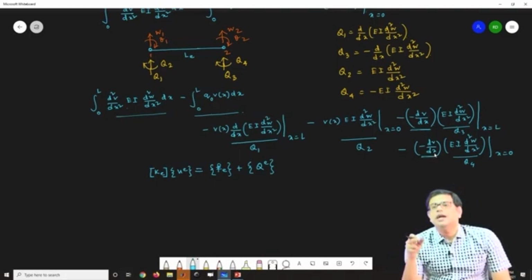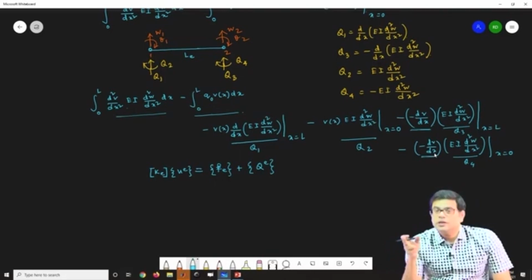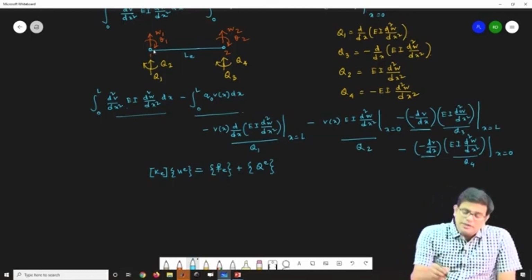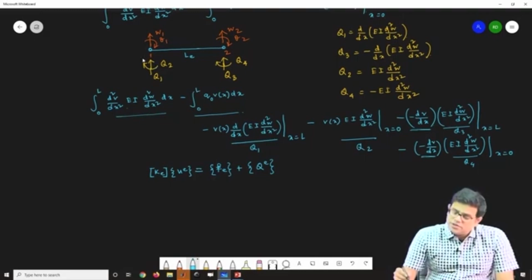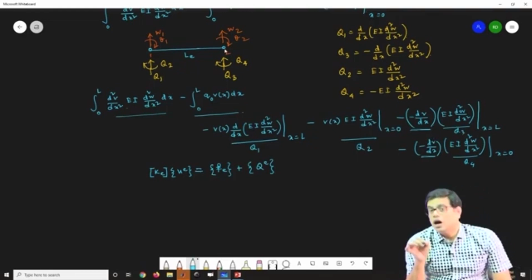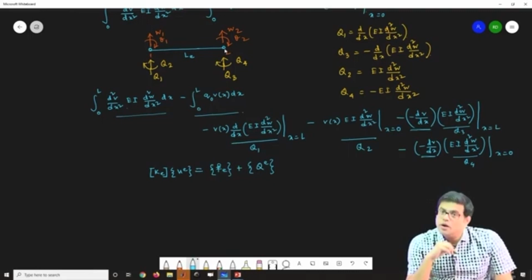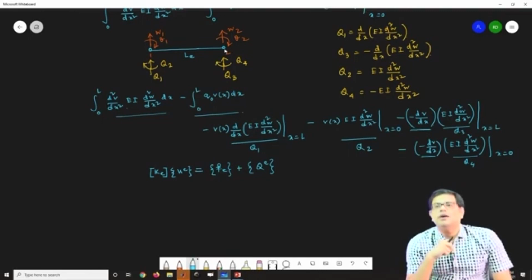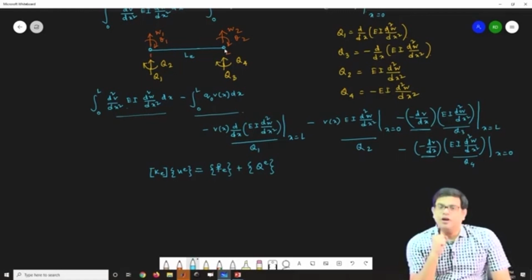That means that when I compute at a particular node, suppose node 1, the dv dx shape function associated with the other nodes has to vanish at this node. This is one of the major requirements in beam shape functions.